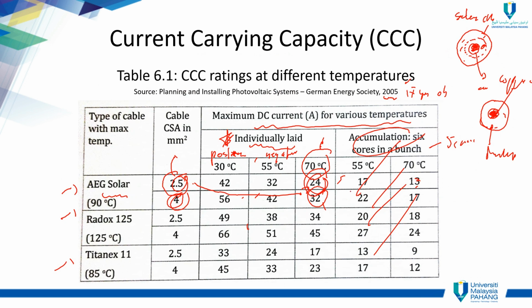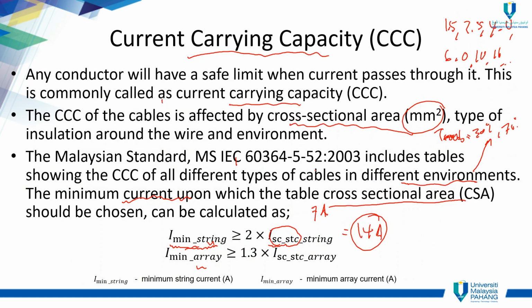Here you can use Titanex 17 or Titanex 11, for example, but the best one you can use is Redox, the highest is better. We can check: if the value is higher than our calculation, we cannot use the thinner cable. You need to use the thicker cable, just by cross section. We need to check it.